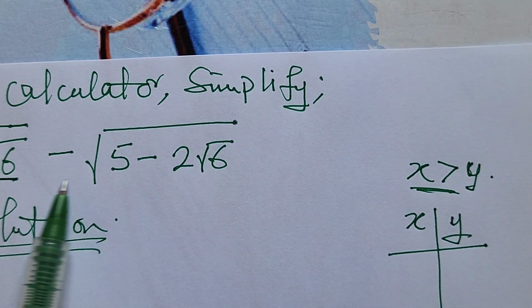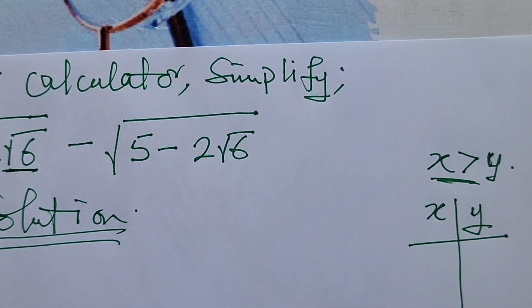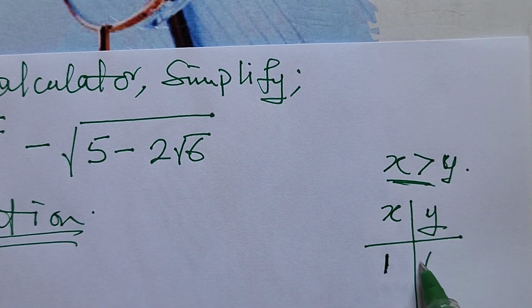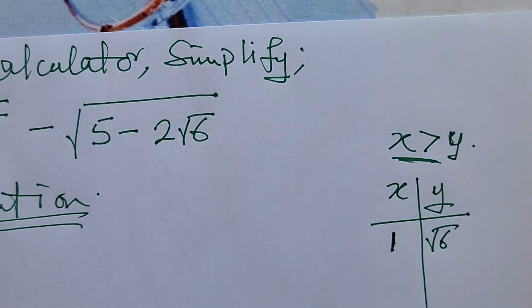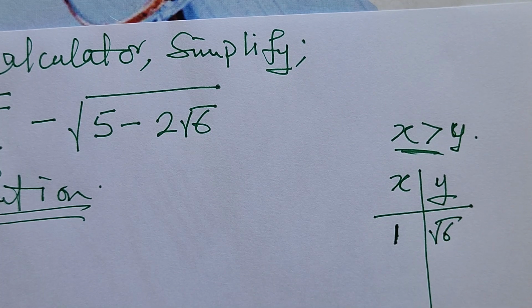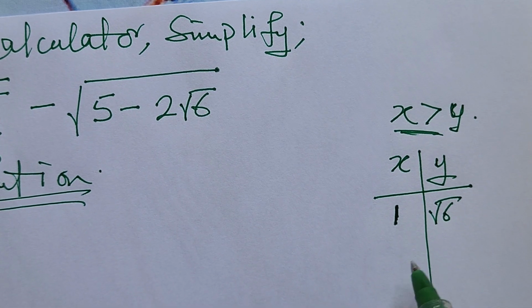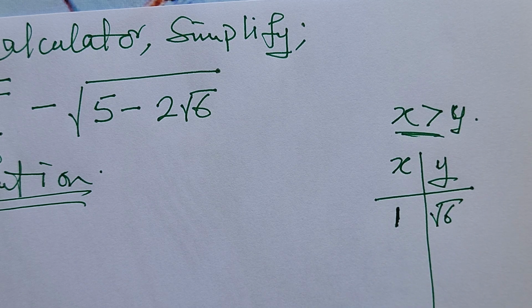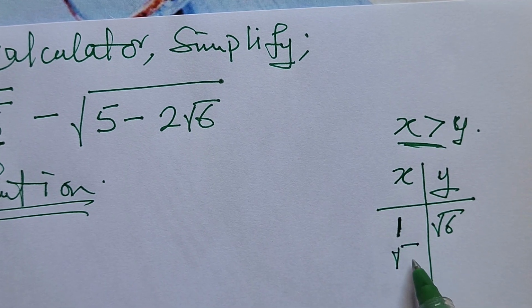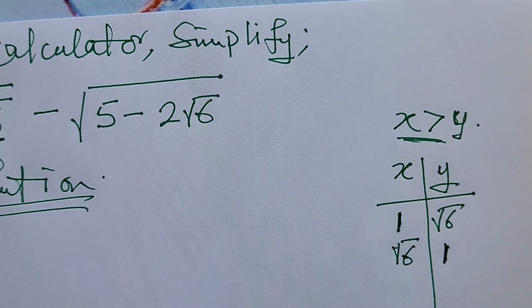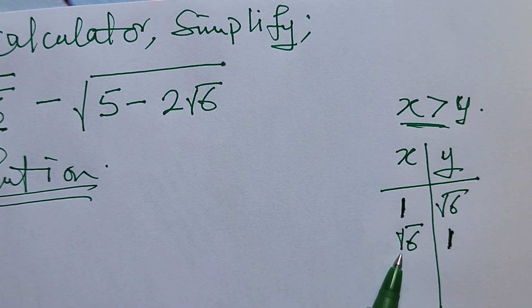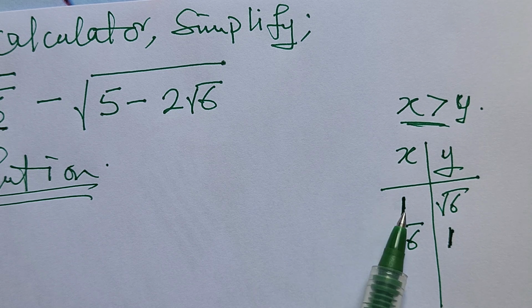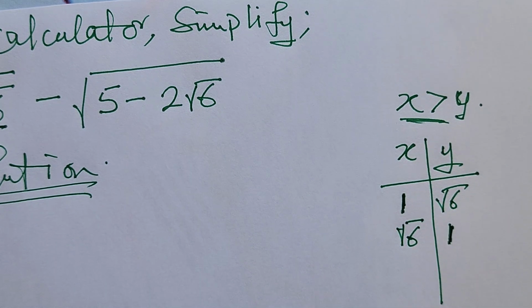Now, the square root of 6 here can be split into 1 times the square root of 6. That will still give us the square root of 6, right? Then again, we can equally have the square root of 6 times 1. In other words, x can be root 6 and y could be 1, even as we established the first one that x could be 1 and y could be root 6.